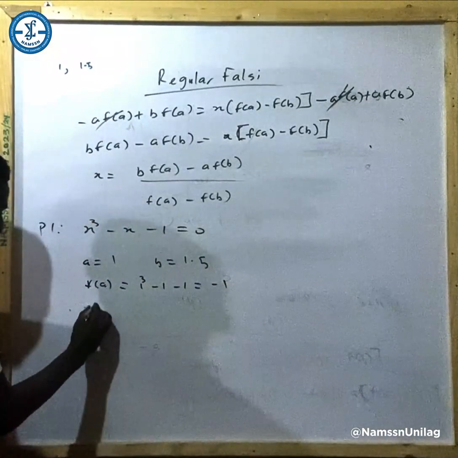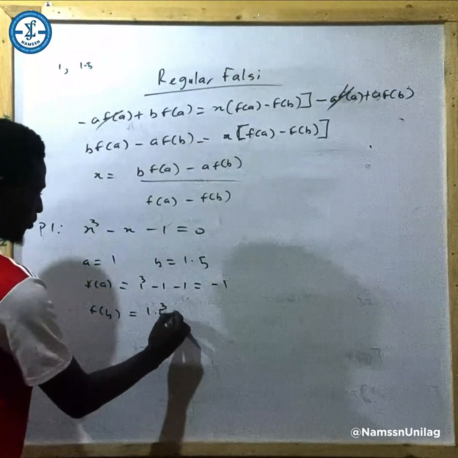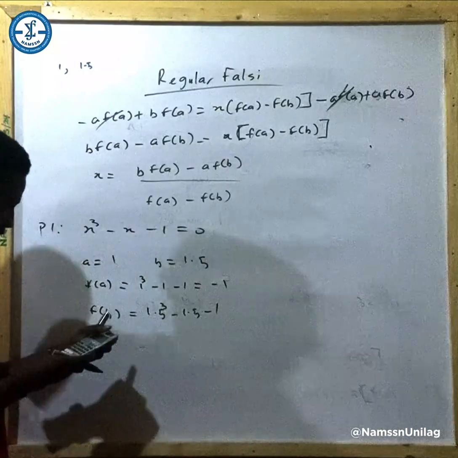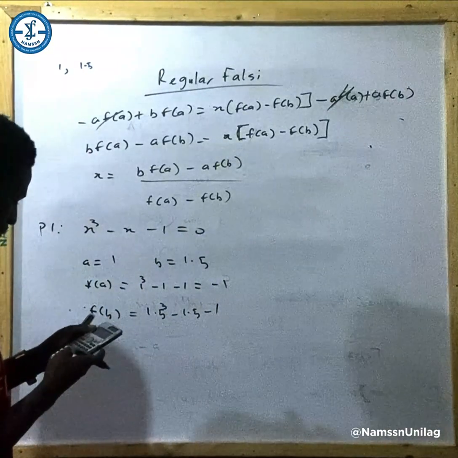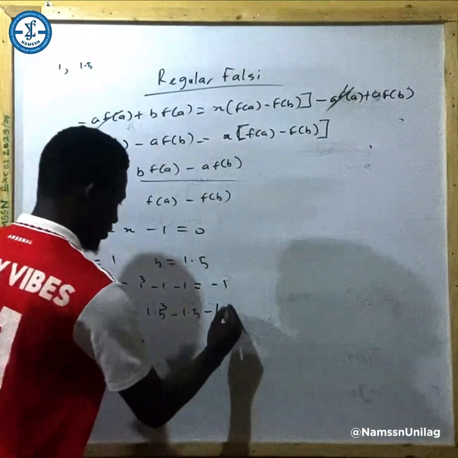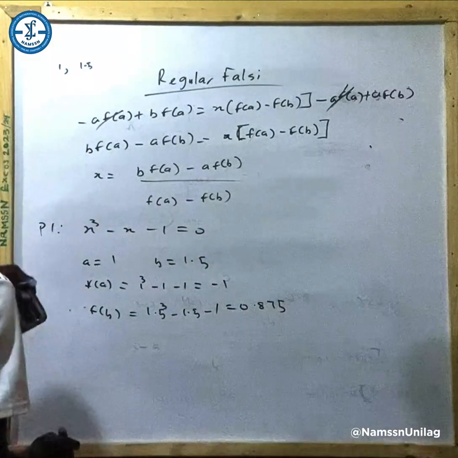So f of b is 1.5 cubed minus 1.5 minus 1. That's 0.875.